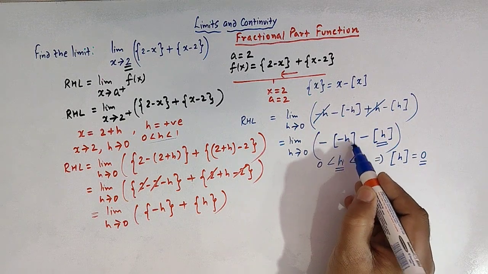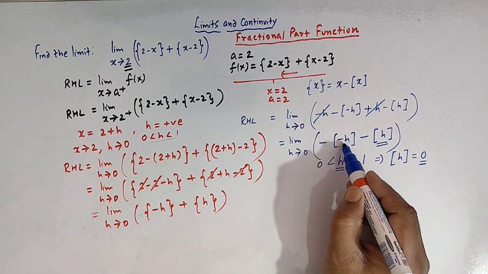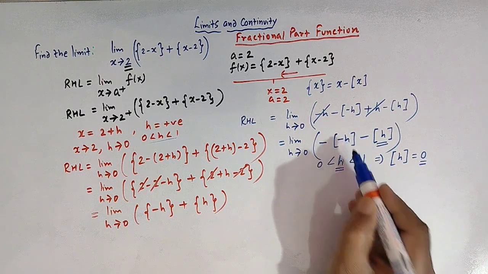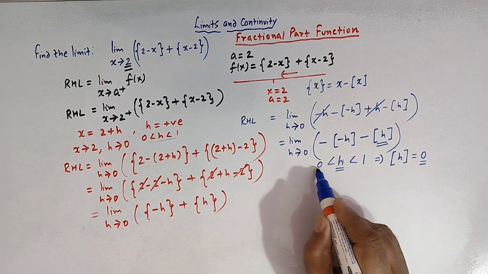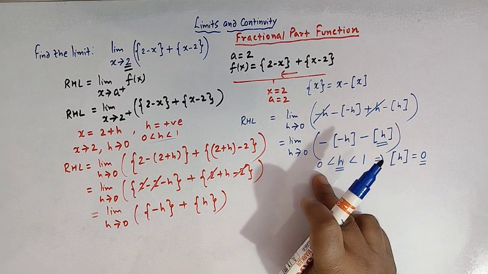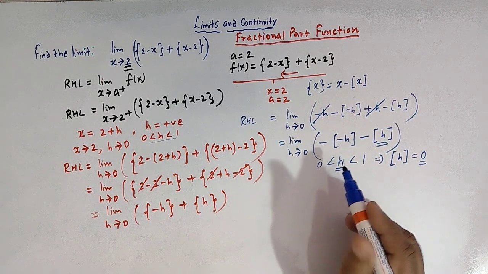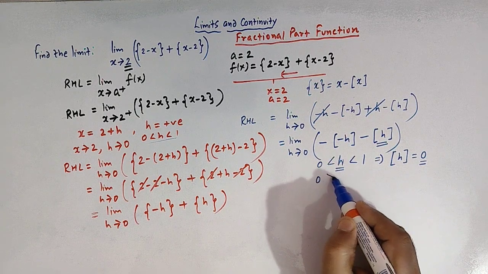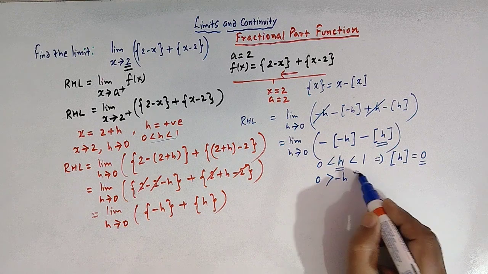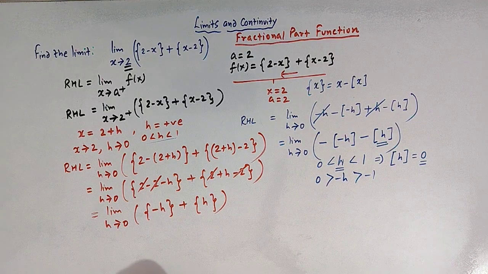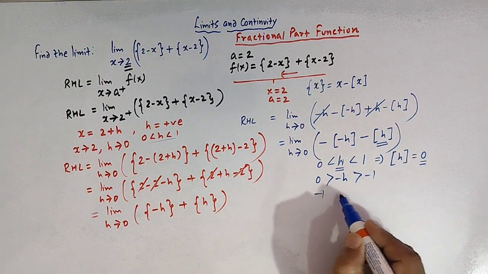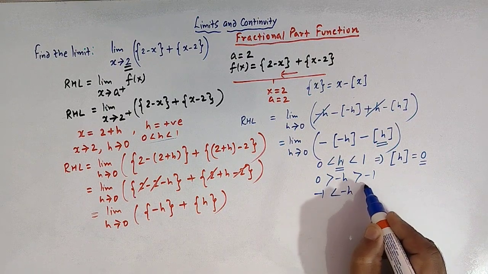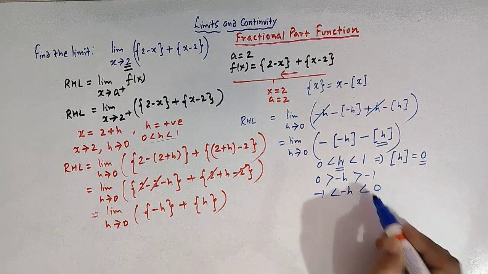Now we have to decide the value of greatest integer of minus h, right? So for minus h, we will multiply this inequality throughout by minus 1. So what we will get is 0 greater than minus h greater than minus 1, and the direction of the inequality gets reversed. So now this inequality can also be written as minus 1 less than minus h less than 0, right?